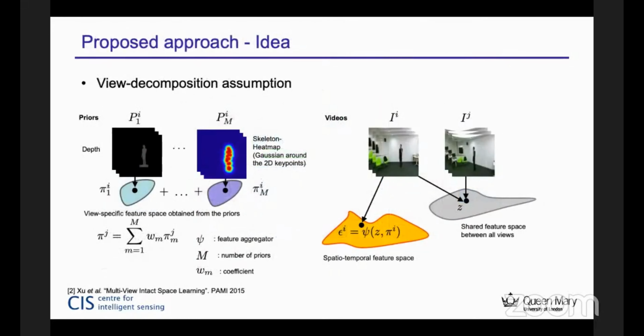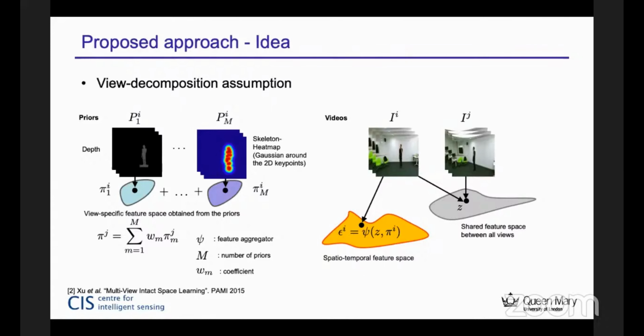So we propose to approach the problem using the view decomposition assumption, which says that all the views share common information and view-specific information. Let's pick an example where a person is performing an action from 4 viewpoints. The shared information is the semantic information, which is the action itself, and the view-specific one is where we captured the action from.